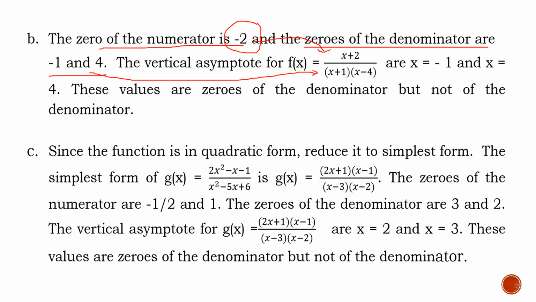What we need to check is the value of x that makes the denominator equal to 0 but not the numerator. So it can be x is equal to negative 1 and x is equal to positive 4.